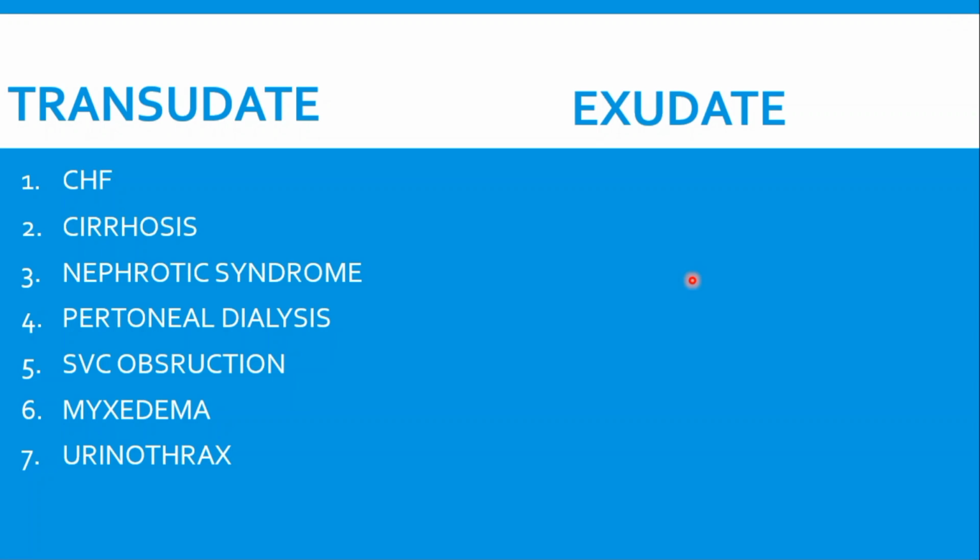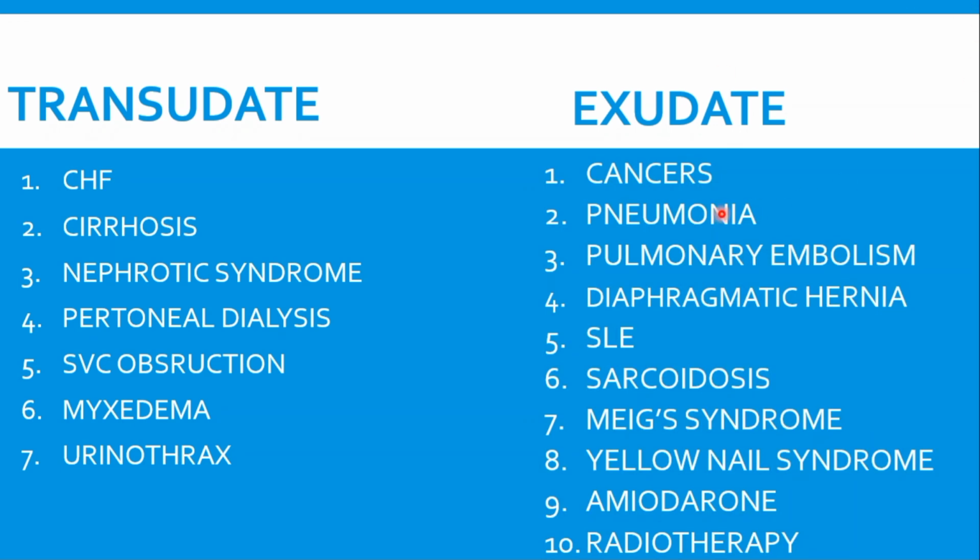In the exudates, we can see lots of causes: cancers damaging the capillaries, pneumonia damaging the capillaries, pulmonary embolism from deep vein thrombosis can damage the capillaries, diaphragmatic hernia, SLE, sarcoidosis.